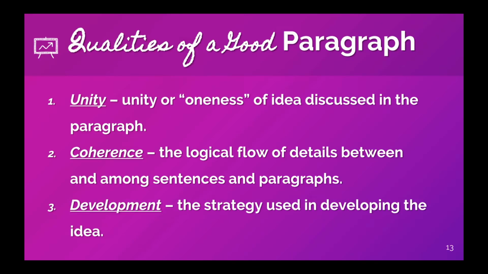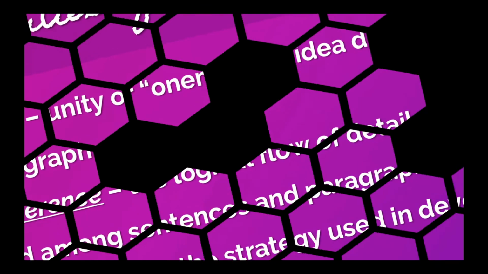And then finally, we have development. This is the strategy that you used in developing the idea. How did you develop the idea? Or how did you discuss the idea? Did you discuss it by telling a story? Did you discuss it by giving descriptions, by giving definitions, or by comparing it or contrasting it with another topic? So that's the development. Again, these 3 are the qualities of a good paragraph.